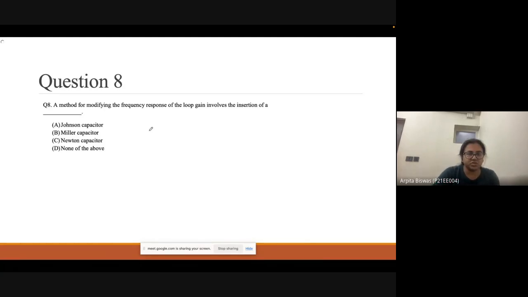So the right answer is option B, Miller capacitor.